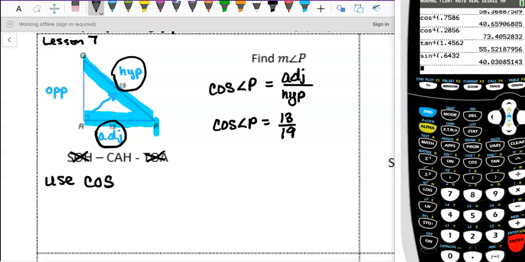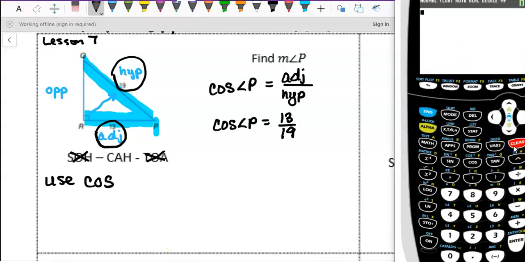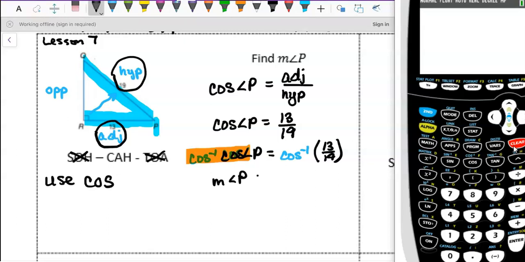Before we just used decimals, but we can use our fractions just like we did the decimals. To get rid of the cosine, I'm going to take the inverse of the cosine on both sides. So there's our original problem. The cosine and its inverse cancel out, so I have the measure of angle P equals the cosine inverse of my fraction.